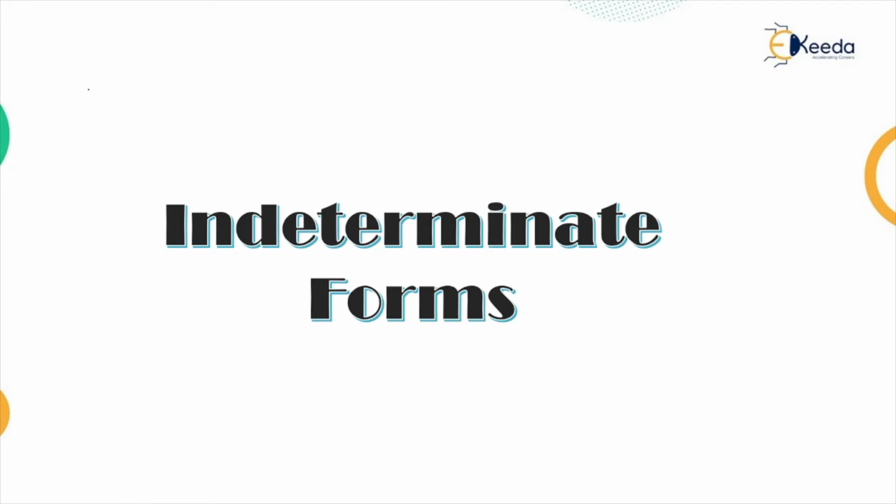You know that there are certain rules to evaluate limits, but some limits cannot be solved by using these rules. So this type of limit is called an indeterminate form.